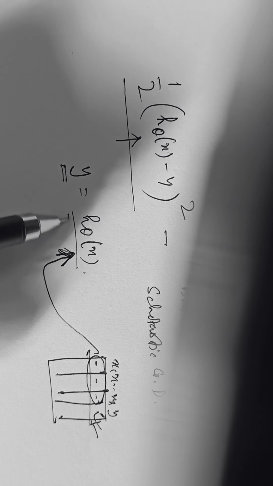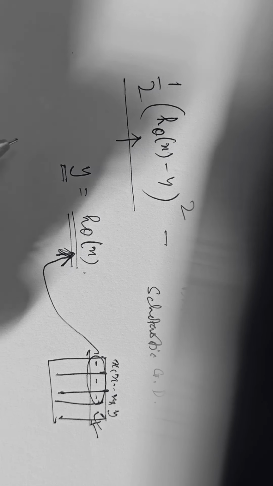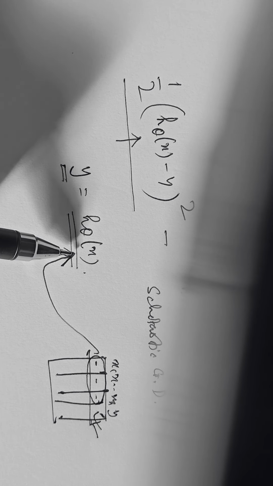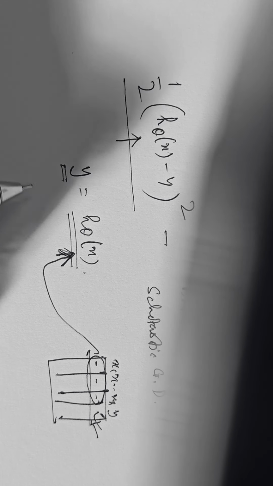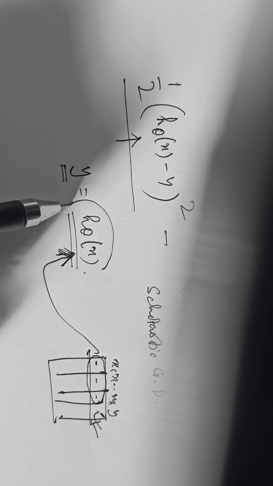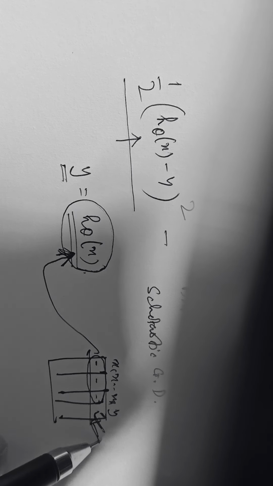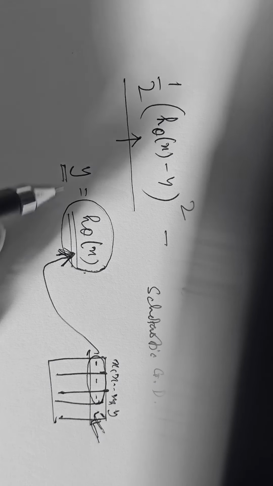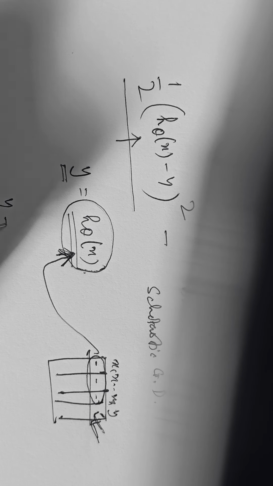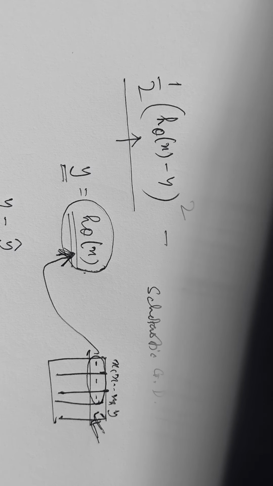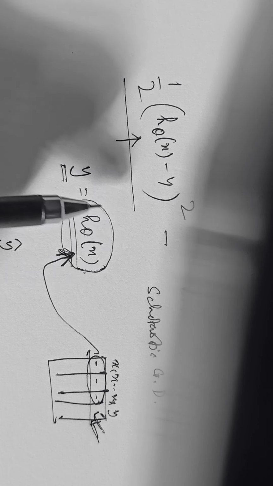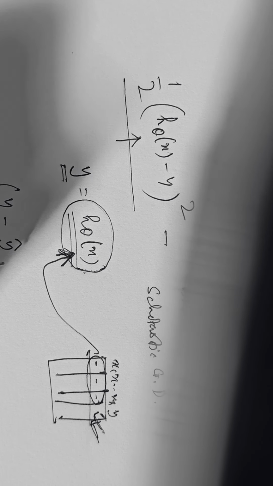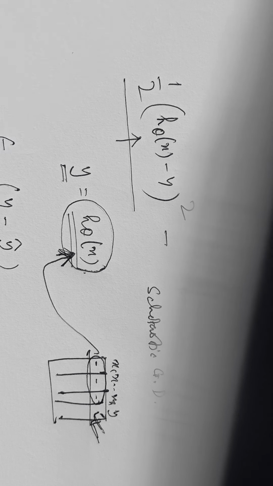If this function is 100% correct, then we should get y. If not, then there is a difference between the h theta x that we have got and this y. We can say this is y and this is y cap. Y is given and y cap you have got from your algorithm. So this is the difference, or we can say this is the error.